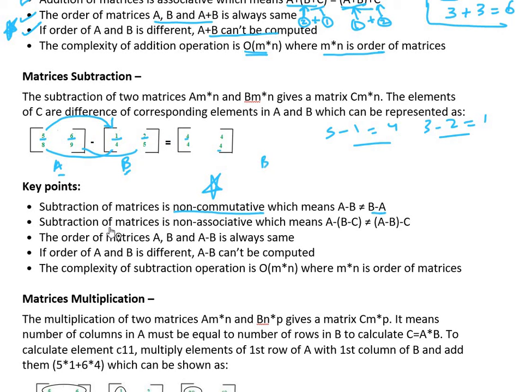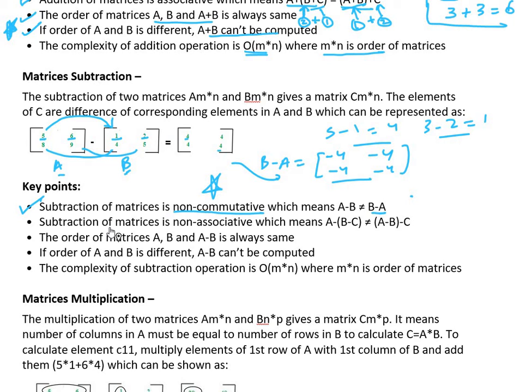So B minus A will give us 1 minus 5, which is minus 4, 2 minus 6 will give us minus 4. So everything will become negative in this example. So A minus B is not equal to B minus A. So the subtraction of matrices is non-commutative, right? It's a very straightforward concept.